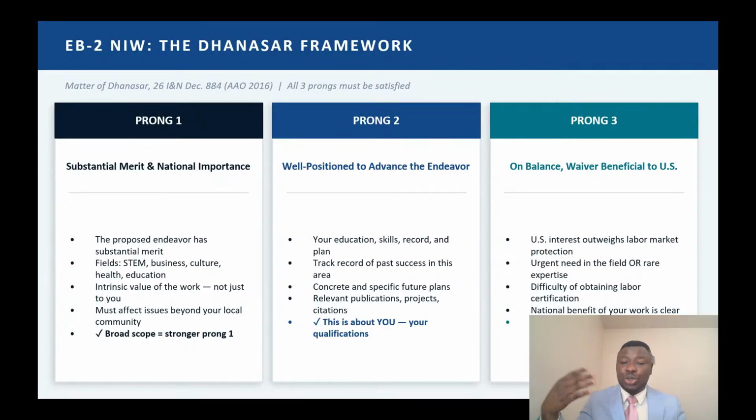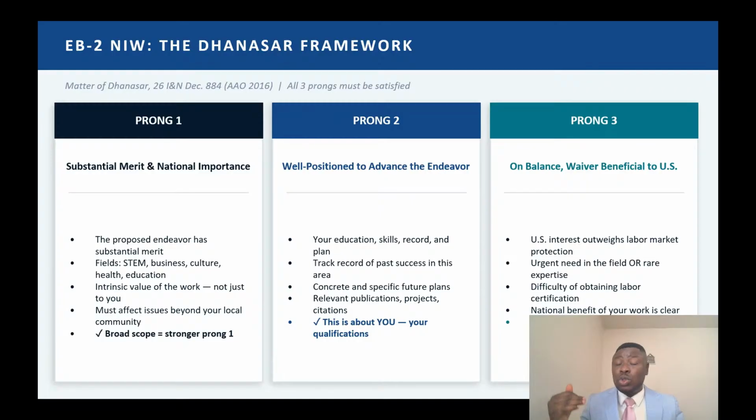So you want to show the officer that the US interest outweighs labor market protection, because the labor certification was put in place to protect American jobs. So you want to tell the officer that, look, this thing that I want to do is beyond protecting one American job, because what the nation is going to gain from this is beyond protecting one American job.